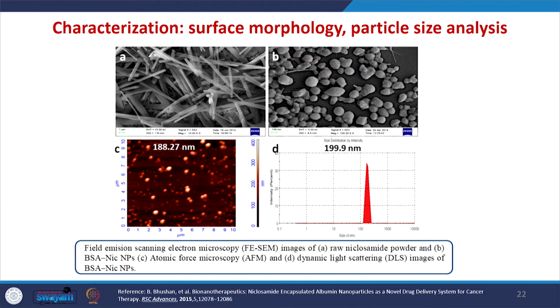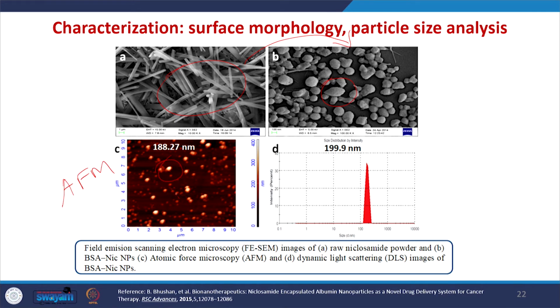When you see the niclosamide drug under the scanning electron microscope, you get this kind of structure. And same thing, once the drug is loaded into the protein nanoparticle, you can see here the spherical shape nanoparticle which is loaded with the niclosamide. And the nanoparticles can also be observed under the AFM, that is atomic force microscope.